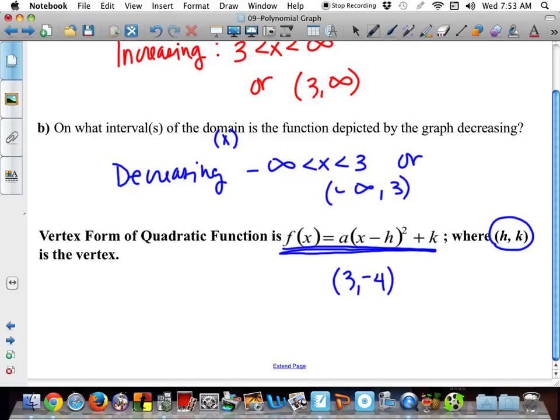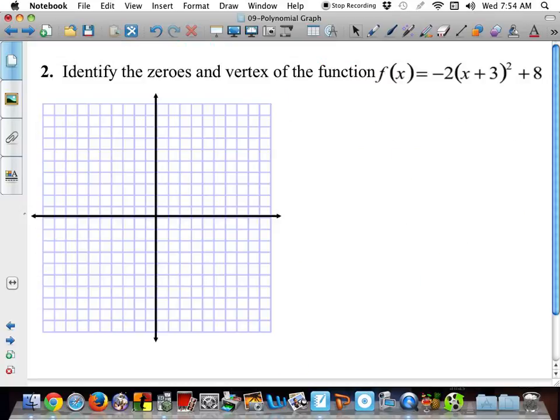Also remember that when we talk about h, it's always the opposite. So even though it has a -3, we're going to take the positive, and then k is -4. So we can find the vertex from the vertex form of a quadratic function.